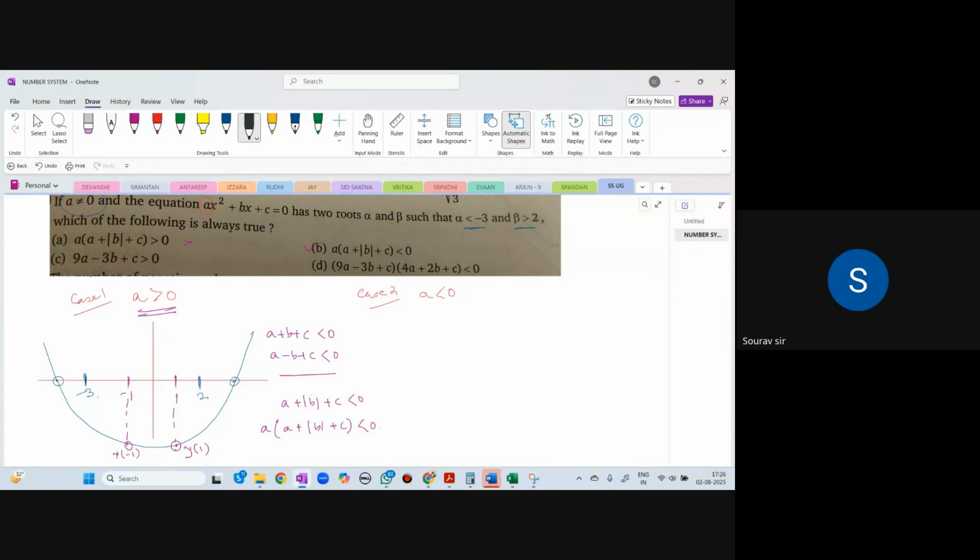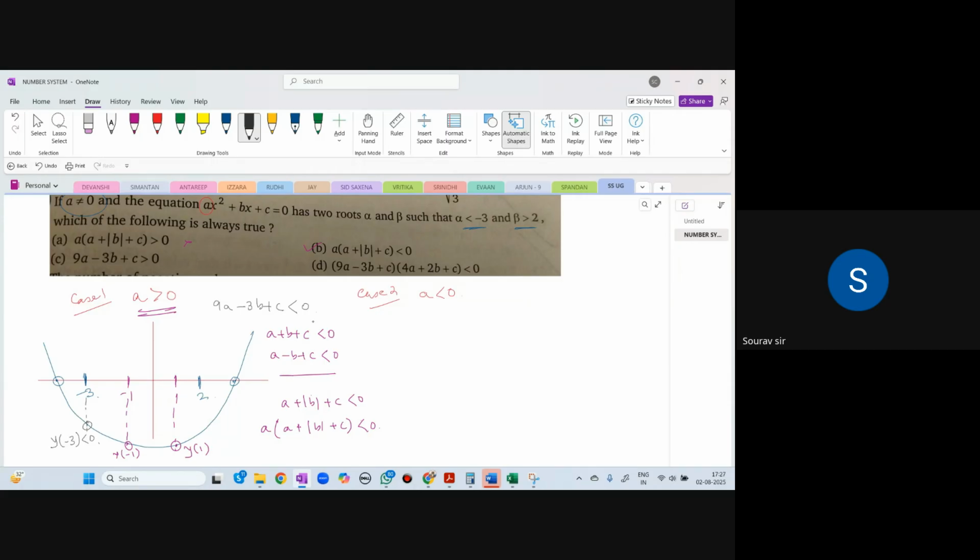So C and D refer to y of -3, which is also negative. If you put -3 in this equation, you get 9a minus 3b plus c. This value is y of -3, so this is negative.